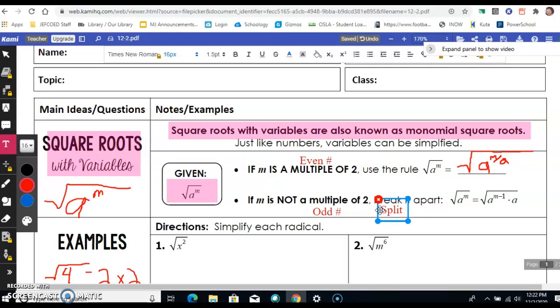Instead of break, we're just going to split them, okay? And now, this formula, it says the square root of a with our exponent m is equal to the square root of a to the m minus 1 times a. Now, essentially what I'm going to show you is going to be this, but I'm going to put it into a little bit simpler terms for you just to make it a little bit easier, okay?